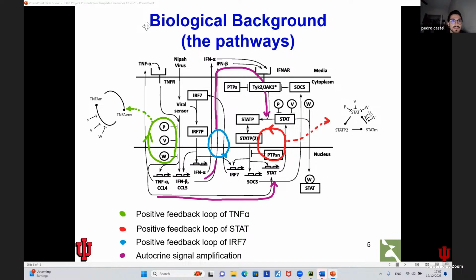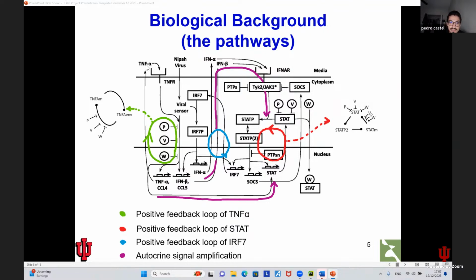The pathway that describes what's happening comprises, first of all, the detection of the virus, which I will explain how it's modeled later. The detection of the virus triggers production of TNF alpha and interferon beta.